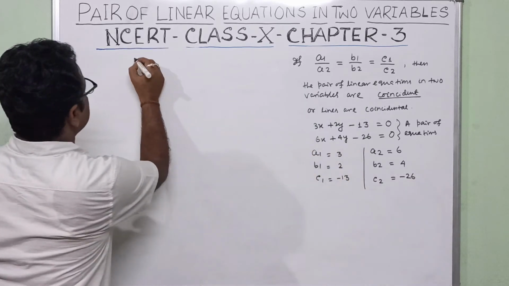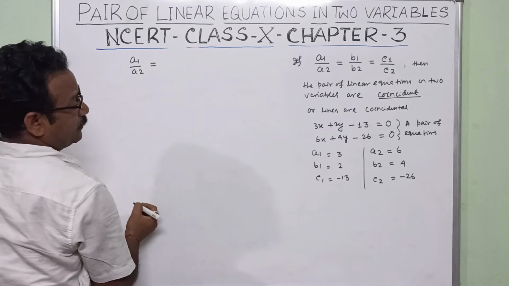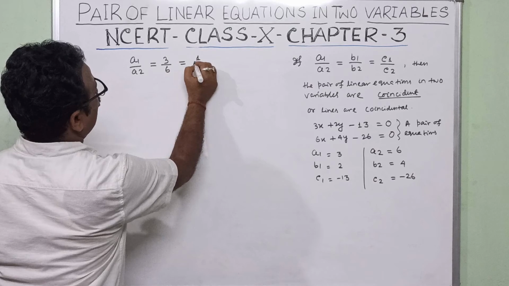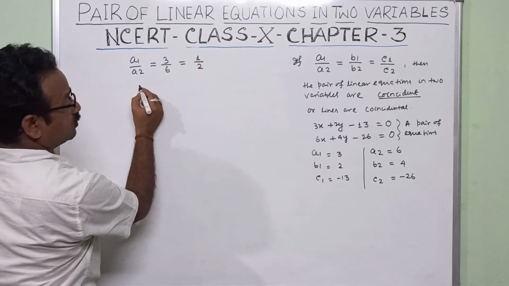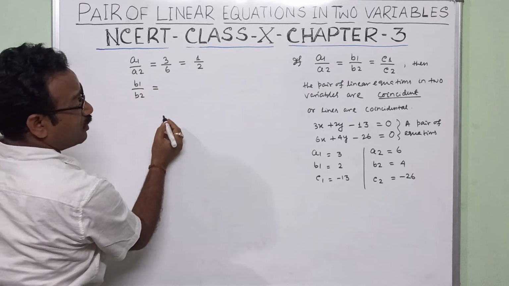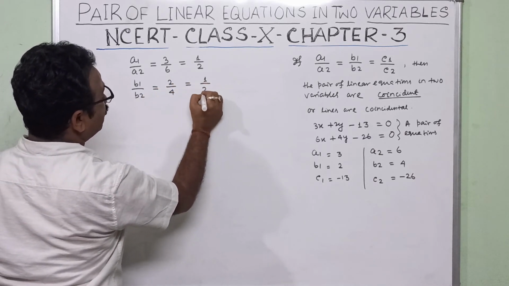Now find out. A1 by A2 is equal to how much? 3 by 6 is equal to 1 by 2. Now B1 by B2 is 2 by 4, equal to 1 by 2.